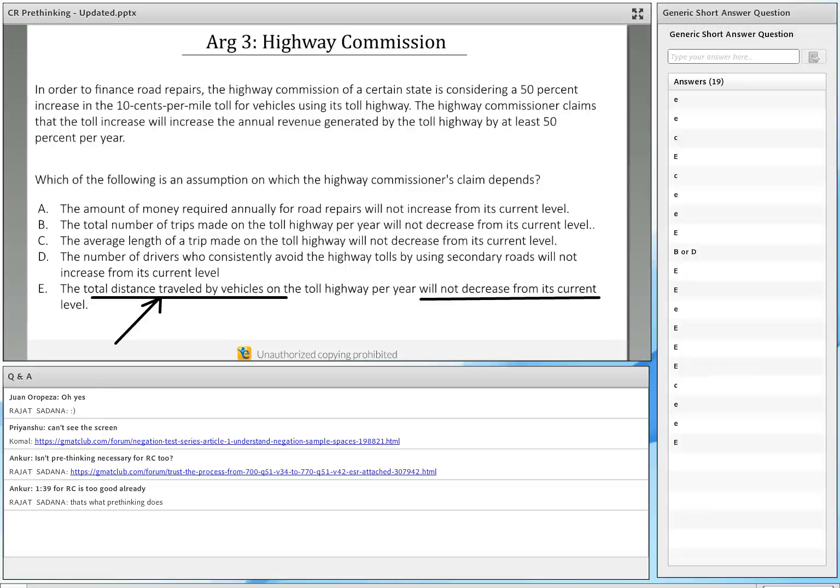Let's look at why B and D are both wrong. Because B, C, and D, all three of them are what I call strengtheners but not assumptions. B, C, and D are all choices that are designed to confuse you. They're all strengtheners but not assumptions. And by looking at the answer choices, it seems that they did confuse you.